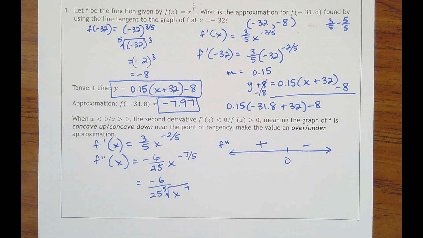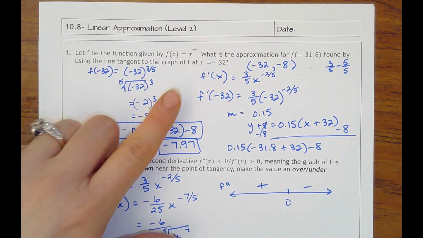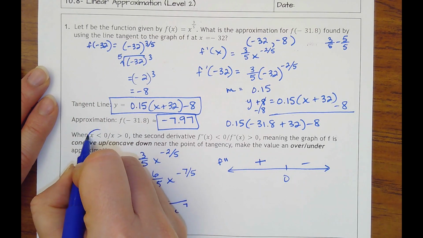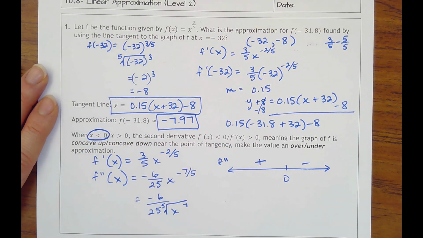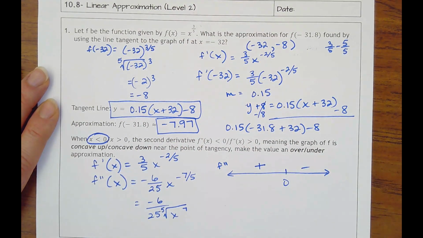We want the piece where our x value is. So we were evaluating this when x is negative 32, which is obviously less than 0. So you would select that piece. If they would have said up here when x is 10, you would have chosen the piece where x is greater than 0.